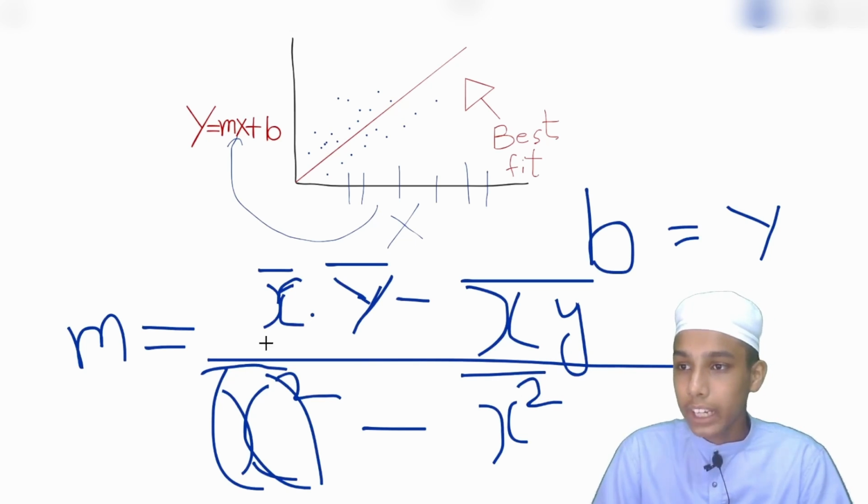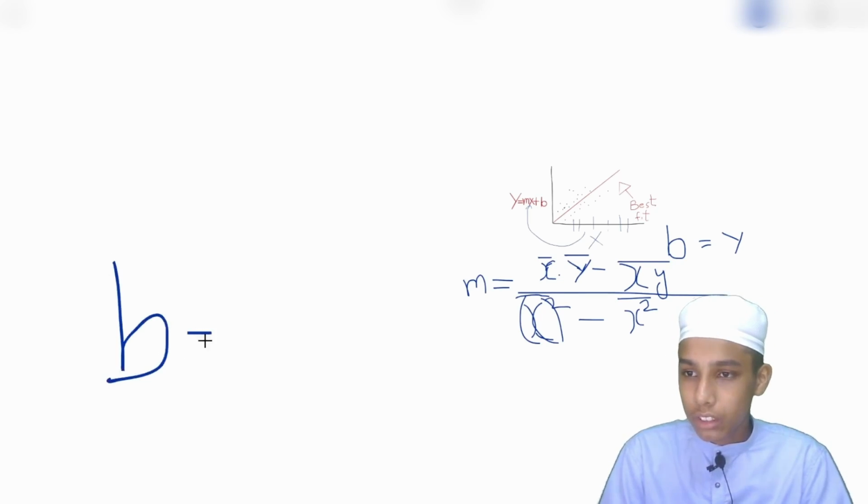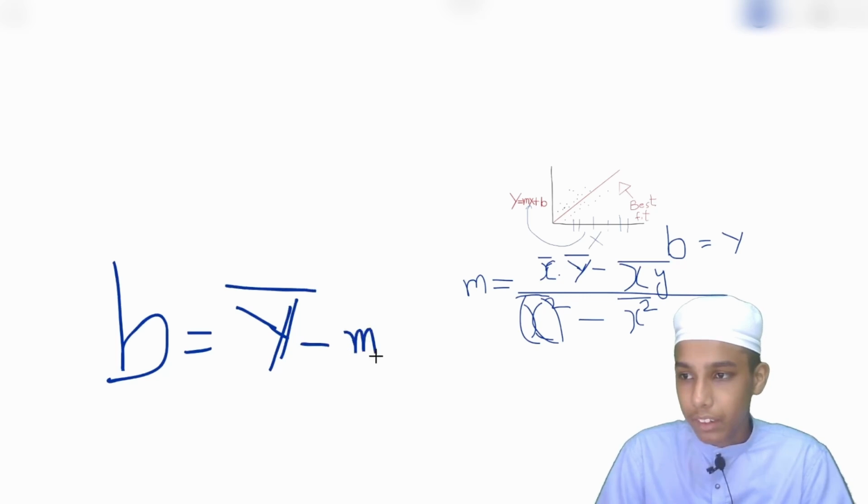Now we know the value of m, and for finding the value of b, I'm going to show you how. b equals y mean minus m times x mean.